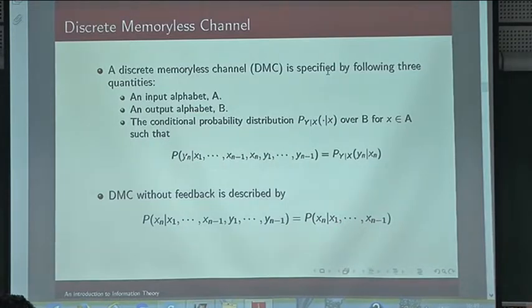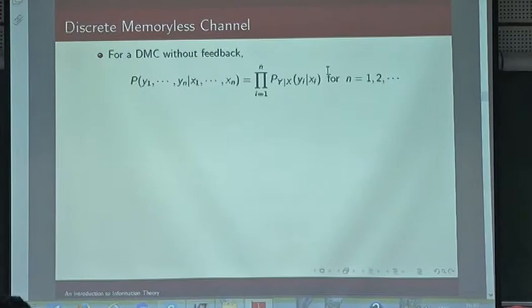So here is the output yn, here is the input xn. If the input xn does not depend on the y's, as you can see on the right hand side, then it is DMC without feedback. And the output yn does not depend upon the previous inputs, because it is a memoryless channel. If it does depend on the previous 10 inputs, then of course it is not memoryless. This is for a discrete memoryless channel without feedback.